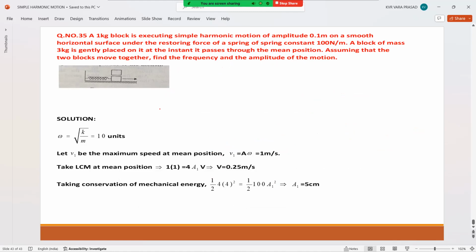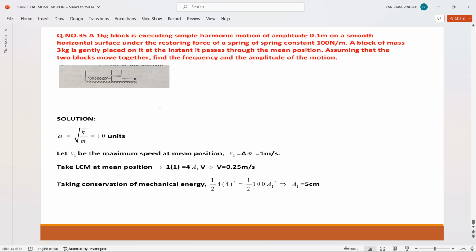A 1 kg block is executing simple harmonic motion of amplitude 0.1. Given surface is smooth, spring constant given. A block of mass 3 kg is gently placed on it at the instant it passes through mean position.